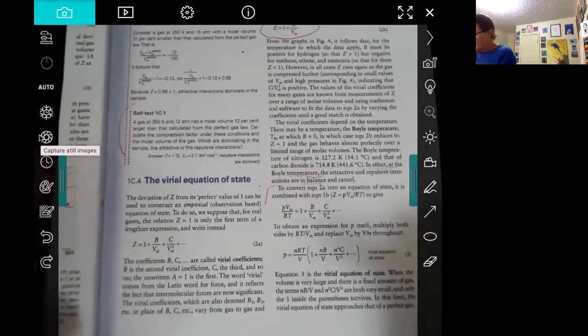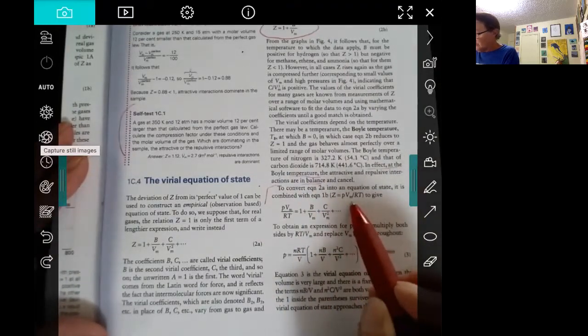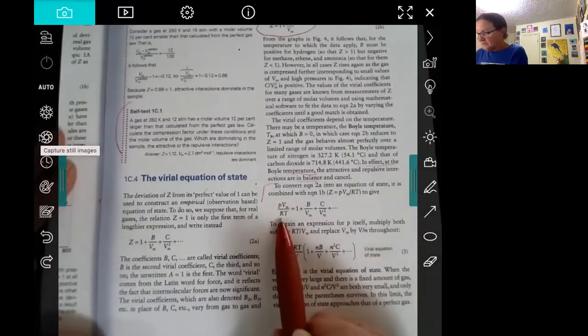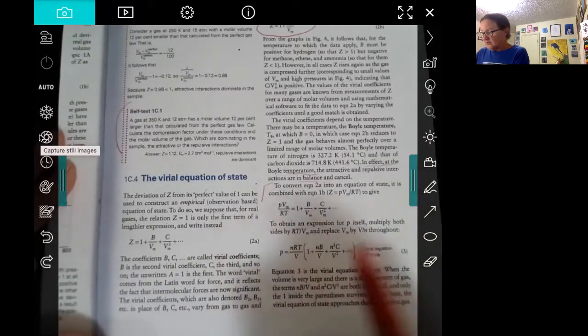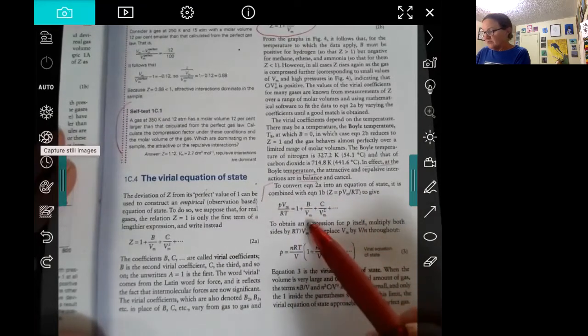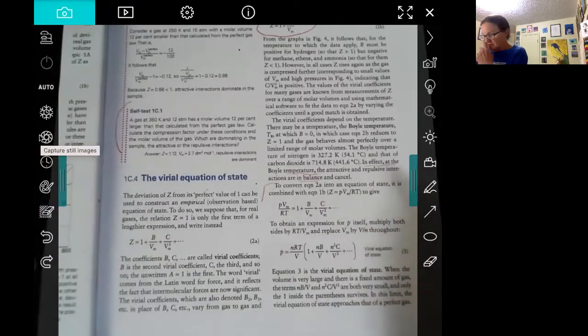We had earlier this relationship that Z equals P molar volume over RT. So just look back a slide or two. You can sub that in for Z, and now you have an equation of state. You have a relationship between pressure, volume, temperature, and number of moles, because this is molar volume.